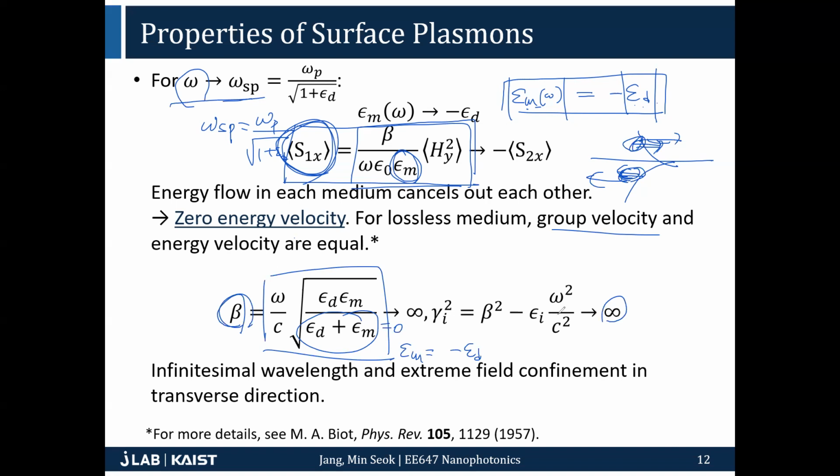So you have an infinitely long beta, which means infinitesimally small wavelength, which means extreme confinement, infinitely strong confinement.